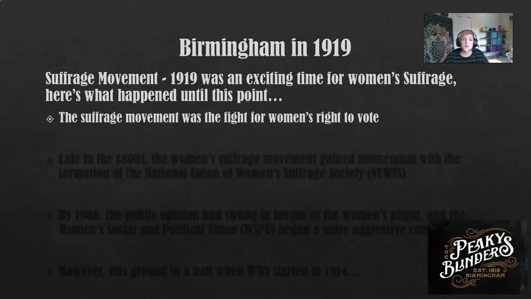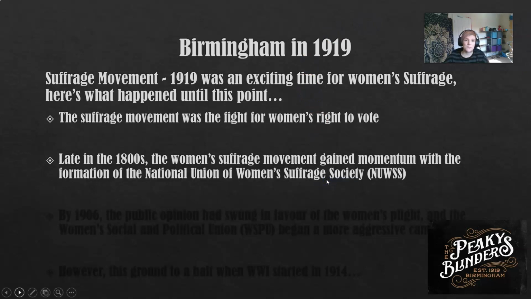So the suffrage movement in 1919 is the third theme that we're going to explore today. 1919 was an exciting time for women's suffrage. This is what had happened until that point. The suffrage movement was the fight for women's right to vote.